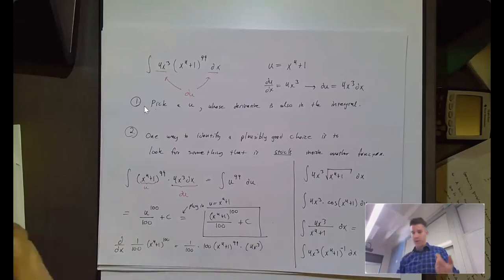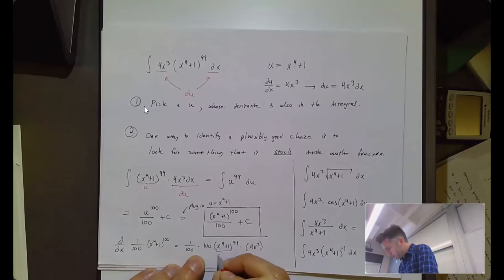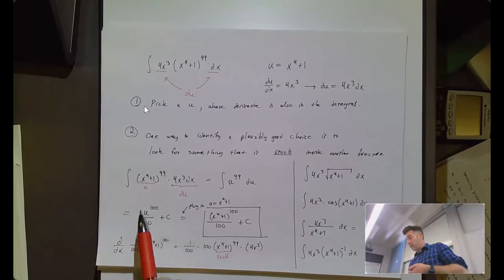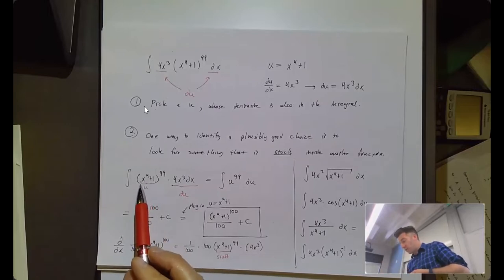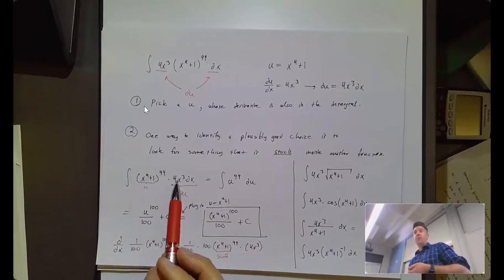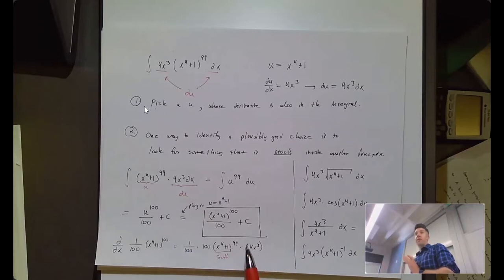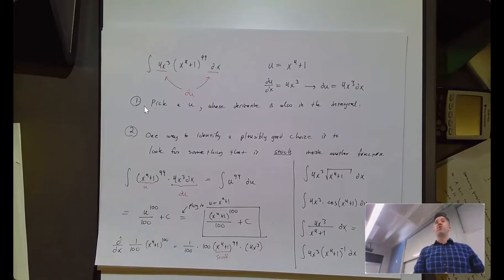The thing I'm trying to point out, and I'm taking a while to get there, is that the stuff in your chain rule derivative is the thing that should be the u. You're trying to find the u so that the derivative of u comes up. Because if you took the derivative of this using the chain rule, you're exactly going to get the stuff with some power times the derivative of the stuff. So that's why we're choosing u in this way, where we're hopeful that its derivative is also in there.